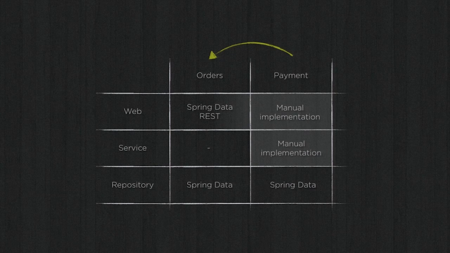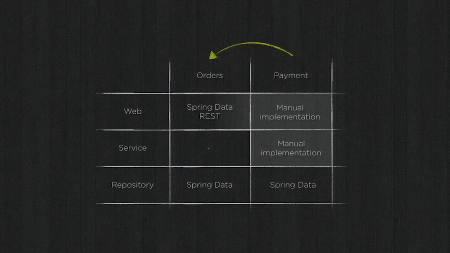So we leverage the two projects, in this case Spring Data JPA and Spring Data REST, to easily build a REST endpoint to manage orders, to place them and to delete them and update them, just using those technologies. So especially for the web part, there's no manual code that we need to write for that.